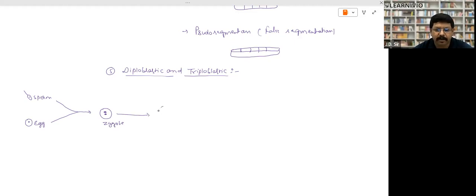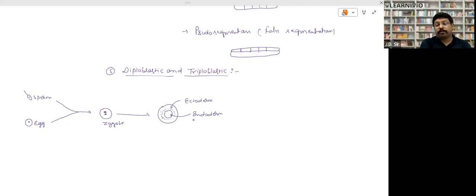In some animals, the zygote divides into just two layers. The upper layer is called ectoderm, and the inner layer is called endoderm.